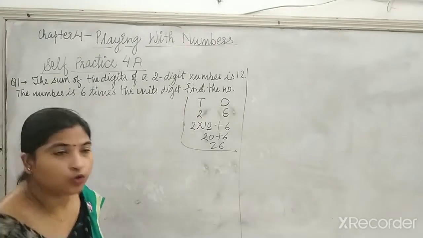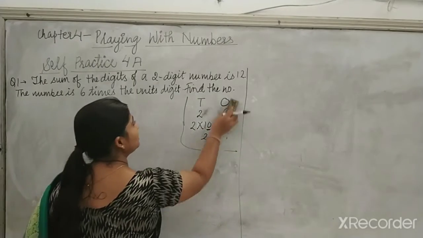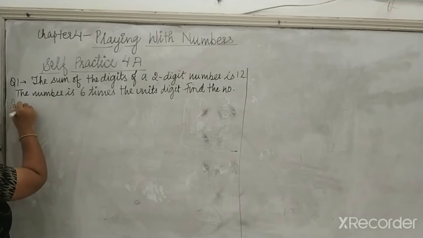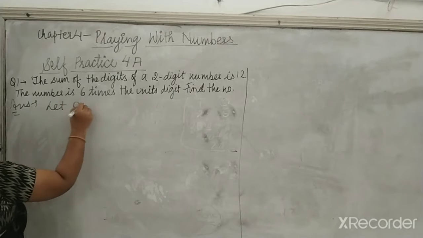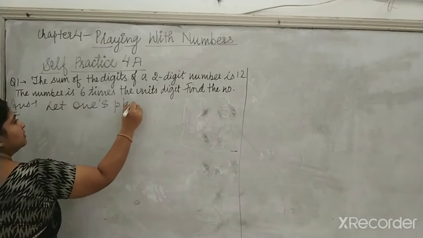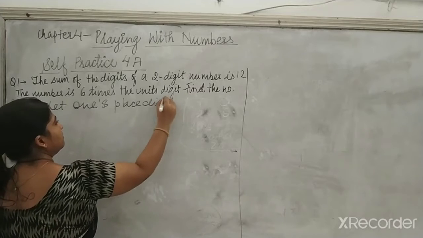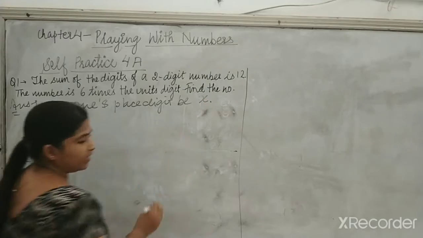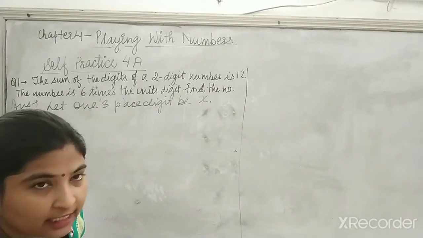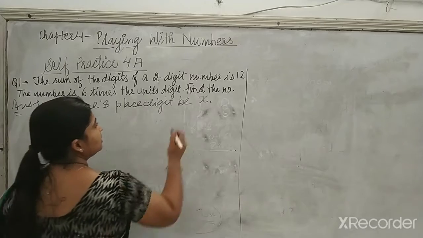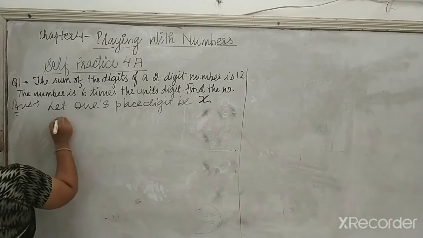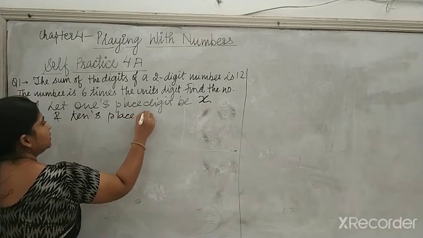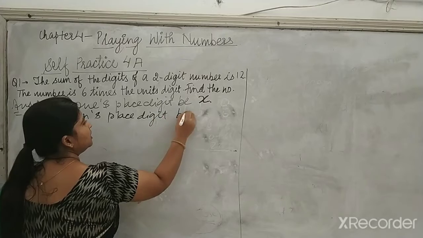Here we don't know what we have to take at ones and tens, so I will assume. Let the ones place digit be x, and let the tens place digit be y.